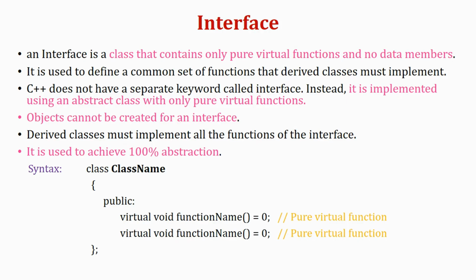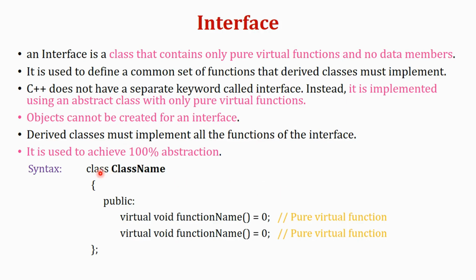Instead, it is implemented using an abstract class with only pure virtual functions. Objects cannot be created for an interface. The derived class must implement all the functions of the interface. It is used to achieve 100% abstraction.